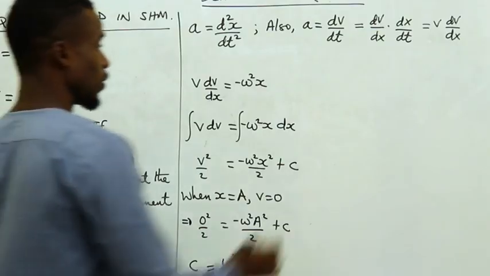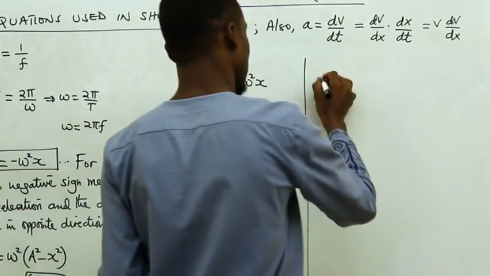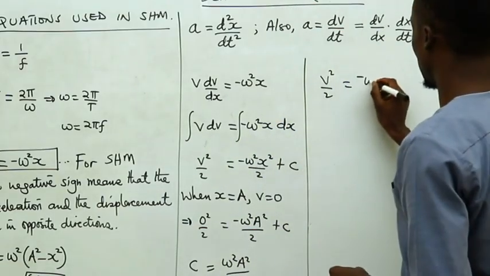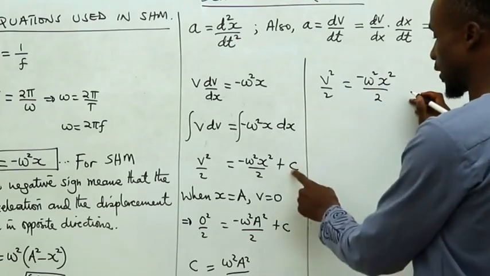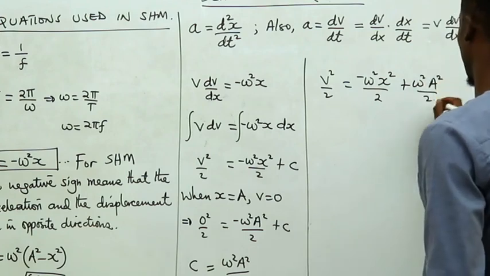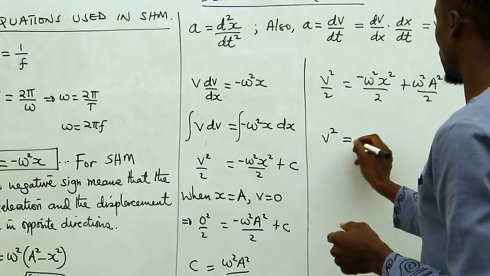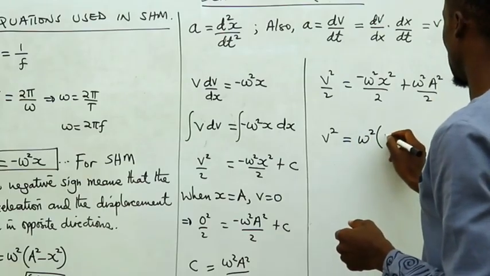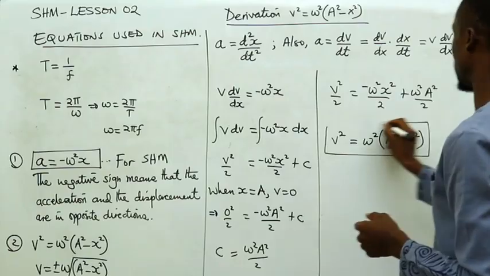To summarize, v squared over 2 is equal to negative omega squared x squared over 2, plus the c which we obtained as omega squared a squared over 2. The 2 goes everywhere and we pull out omega squared. We shall have v squared equals omega squared into a squared minus x squared. That is how that comes about.